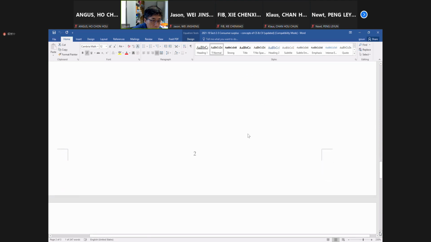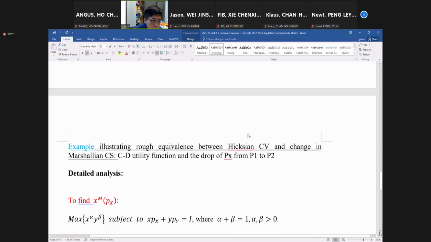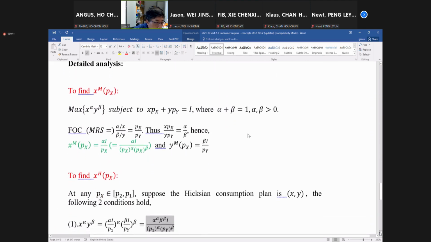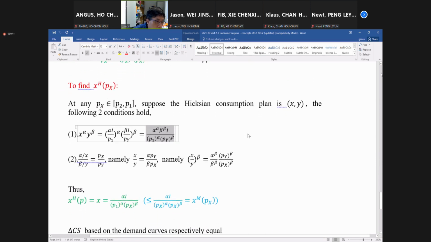Okay, let's come back to continue our calculation. So this is the second condition. The second condition is marginal rate of substitution always equal to relative price. And then we reorganize this term in a way we feel more comfortable.